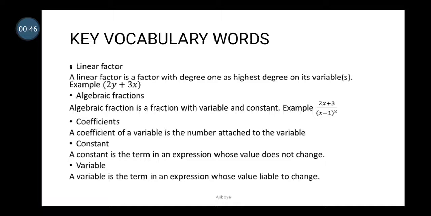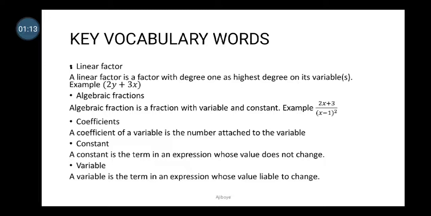Key vocabulary words. Linear factor. A linear factor is a factor with degree 1 as the highest degree on its variable or variables. For example, 2y plus 3x is a linear factor simply because the highest power on the variable or variables is 1.